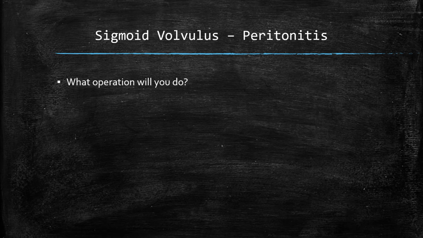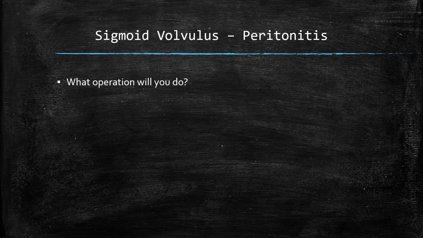Okay, let's talk about another situation. This is the patient who presents with a sigmoid volvulus who does have obvious peritonitis. Let's figure out what we want to do with this patient. Again, pause the video for a few seconds, get your thoughts together, and then we'll go through this. Okay, first of all, is there any role for doing endoscopic decompression in this type of patient?